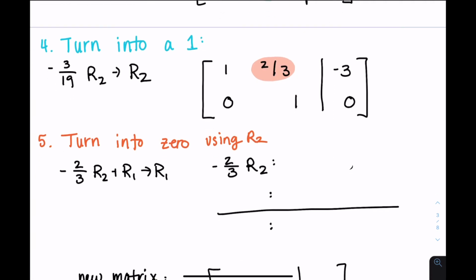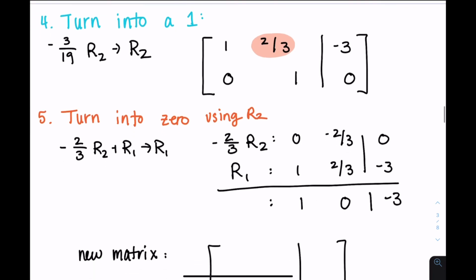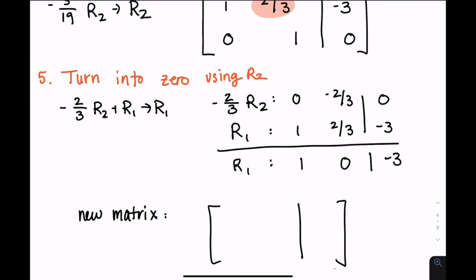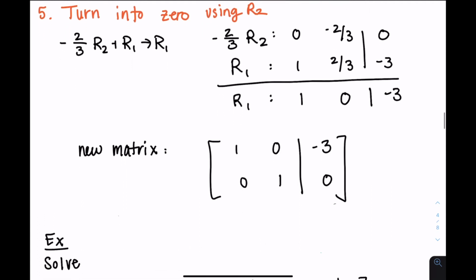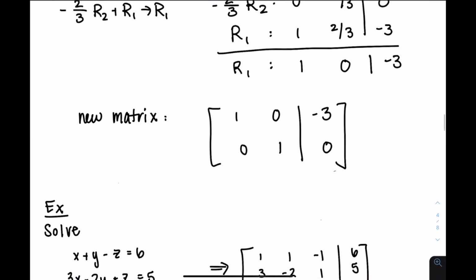So if I do negative 2/3 row 2, I'll get a 0, negative 2 over 3, and a 0. I want to add row 1, so I just copy down row 1. Adding them together gives me a 1, 0, negative 3. And that is my new row 1. So I write my new row 1 here. I did nothing with row 2 itself, and now I have put it in diagonal form.